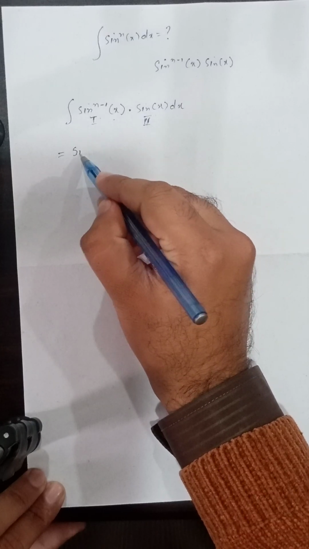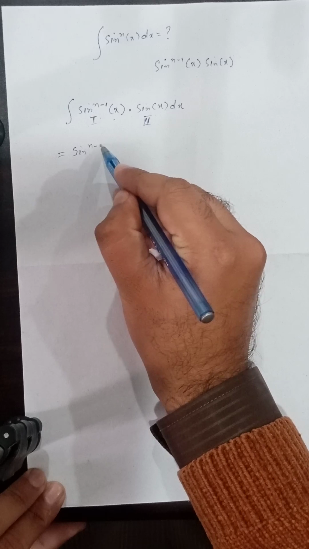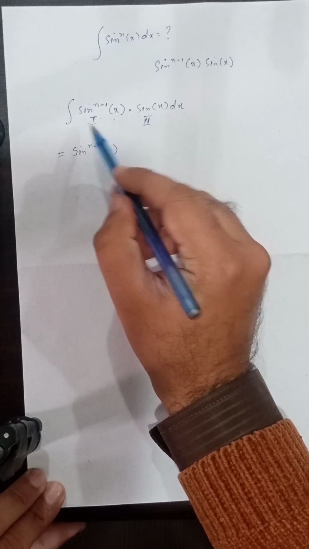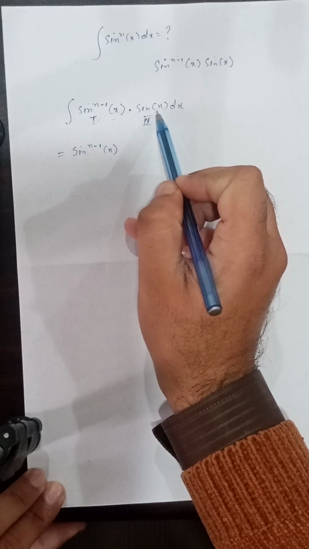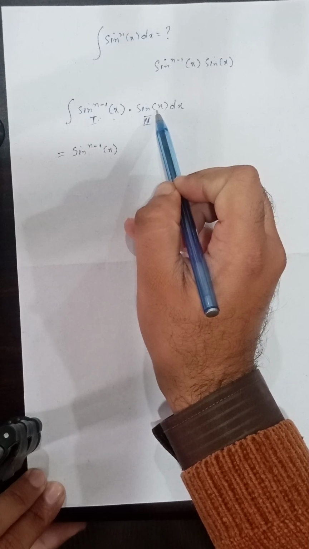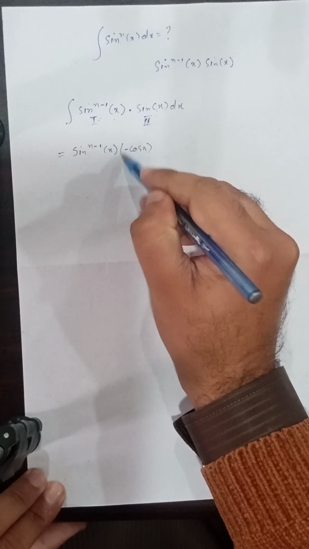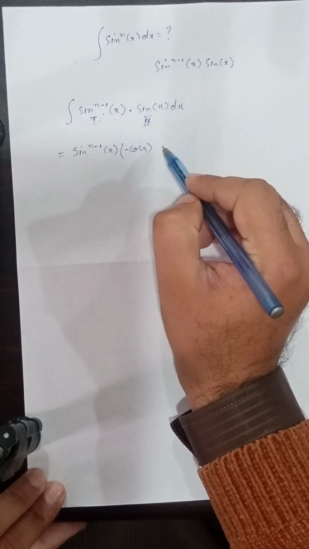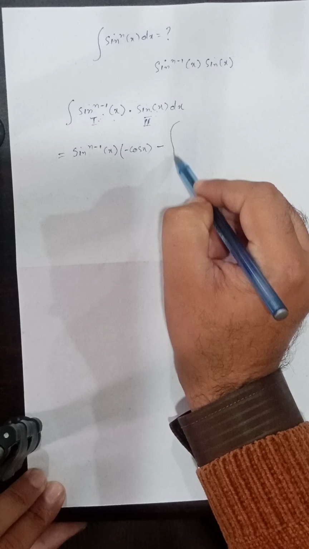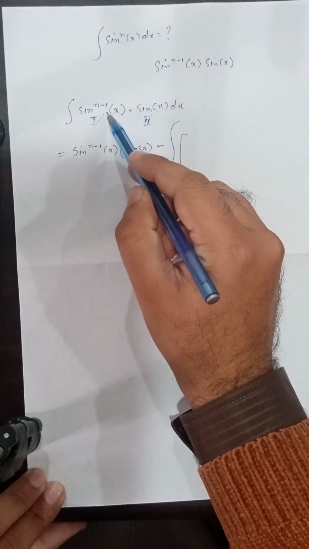So the first function is sine power n minus 1 of x, times the integral of the second function, the integral of sine of x, which is equal to minus cos of x. Then minus the whole integral of the derivative of the first function.